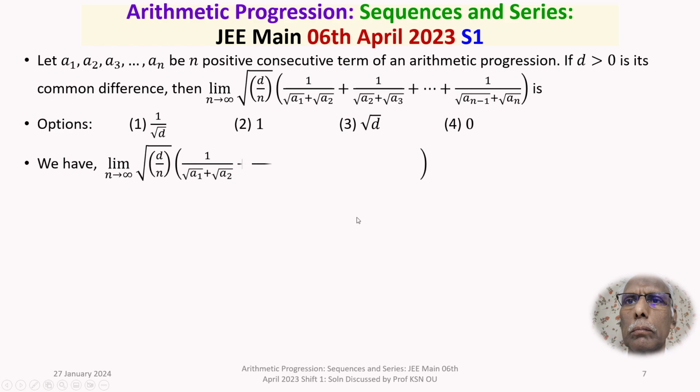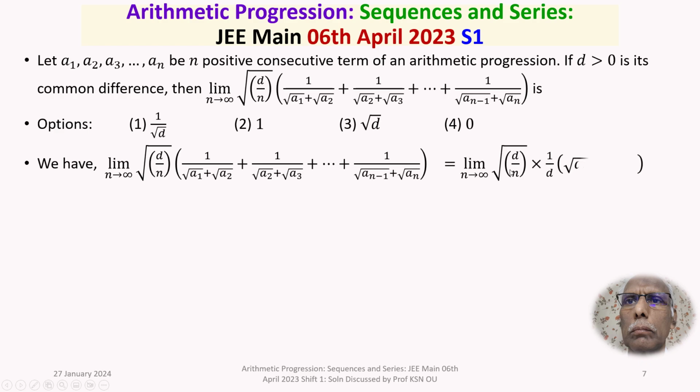So that limit is equal to limit n tends to infinity root of d by n into 1 by d into square root of an minus square root of a1. So this root d into 1 by d will be 1 by root d, and we are left with 1 by root n.